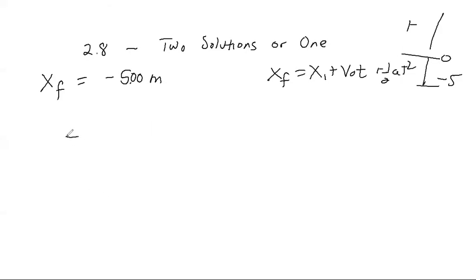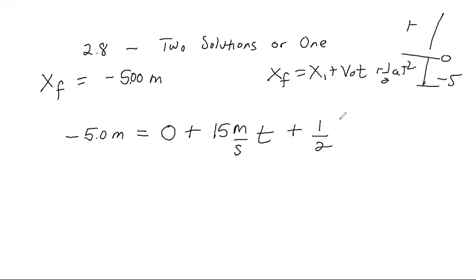Our final position is -5.0 meters equals our initial position of 0, plus our initial velocity of 15 meters per second times t, plus 1/2 times -9.8 meters per second squared times t squared.